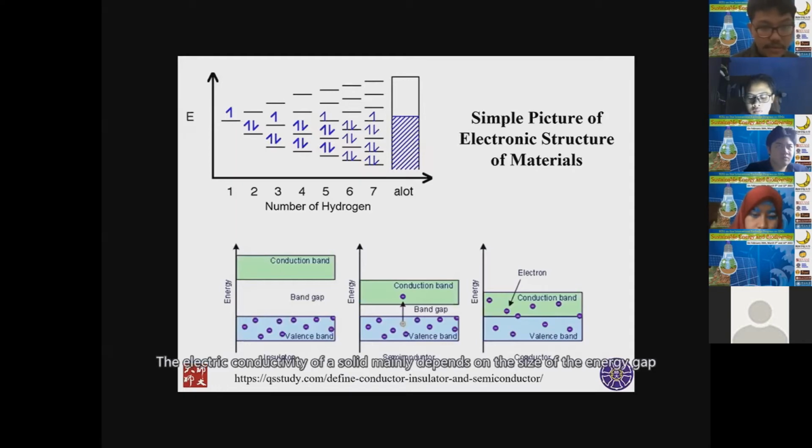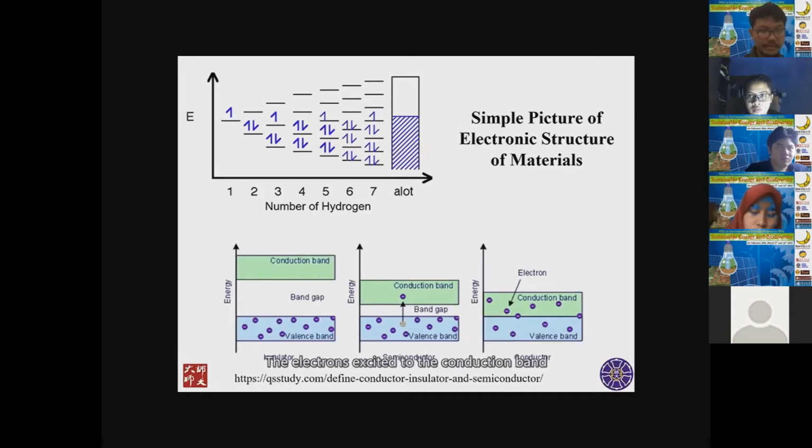The electric conductivity of a solid mainly depends on the size of the energy gap between the valence band and the conduction band, which we call the band gap.